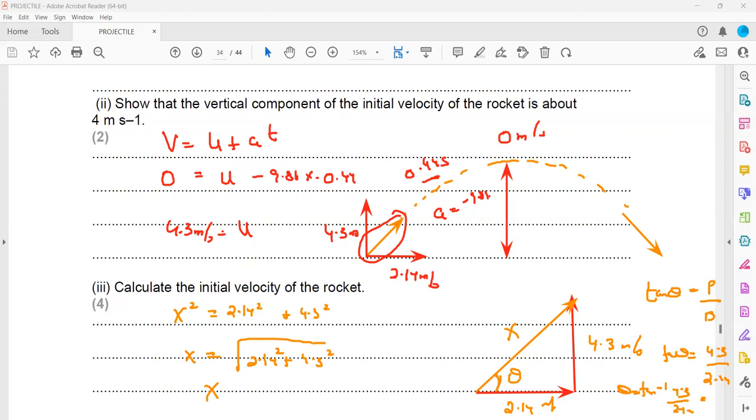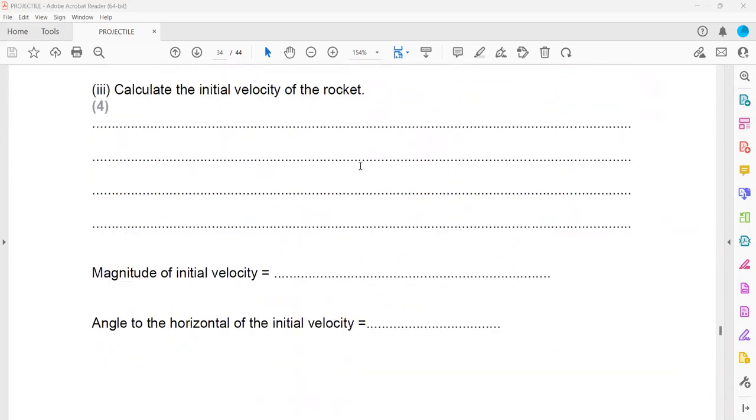When we simplify, this gives us the angle, which is 63.9 degrees, and the value of x is 4.8 meters per second. So if we have horizontal and vertical components, we can use the Pythagoras theorem to work out the initial velocity. Same thing for the final velocity: if we know the vertical and horizontal components, we can work out the total velocity.